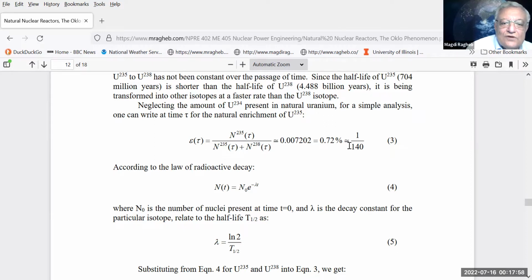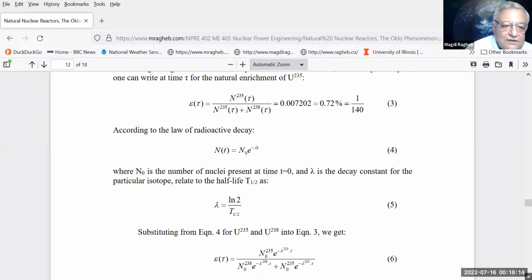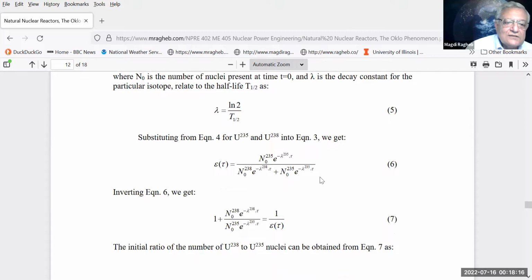Today, it's 1 in 140 or 0.72%. Now, let us substitute for those numbers as a function of time, N sub 0 e to the minus lambda t. We know the decay constant for uranium didn't change since times past. So we can write an expression for the enrichment of uranium as a function of time.